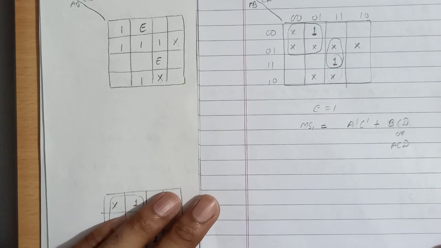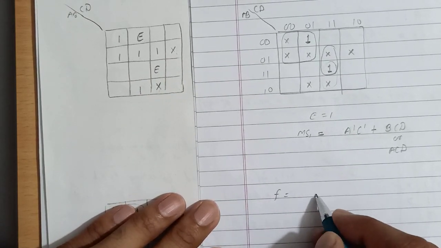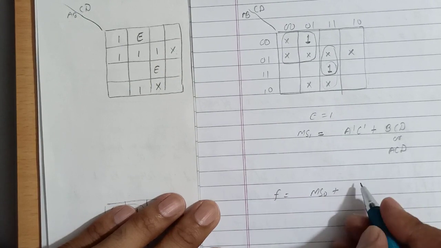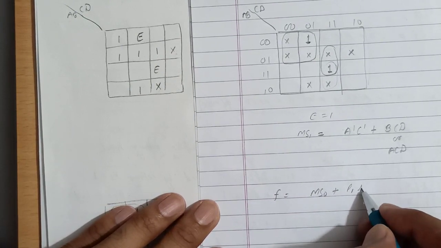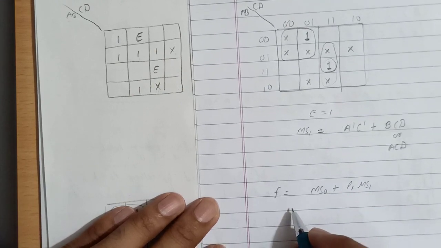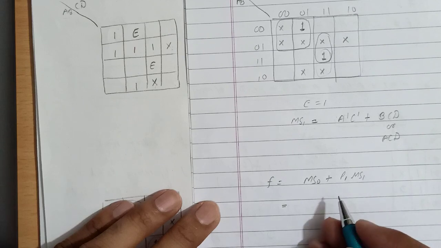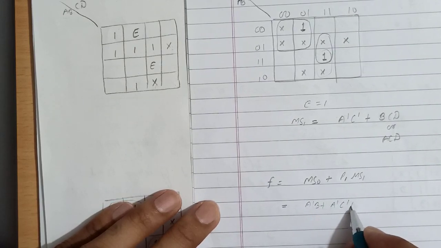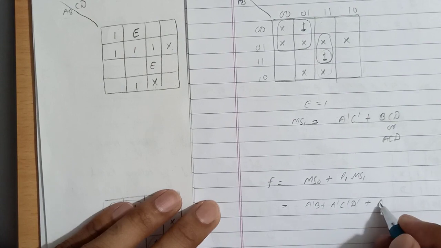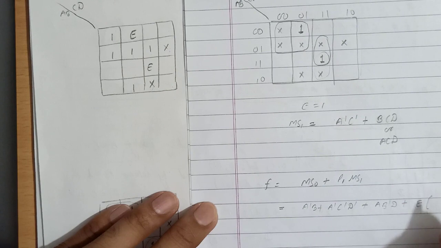So how will you write the final solution? The final solution will be F equal to MS0 plus, what is the variable? The variable e with MS1. So basically here we get MS0 as A' B plus A' C' D' plus A B' D, plus e times, what is the solution?